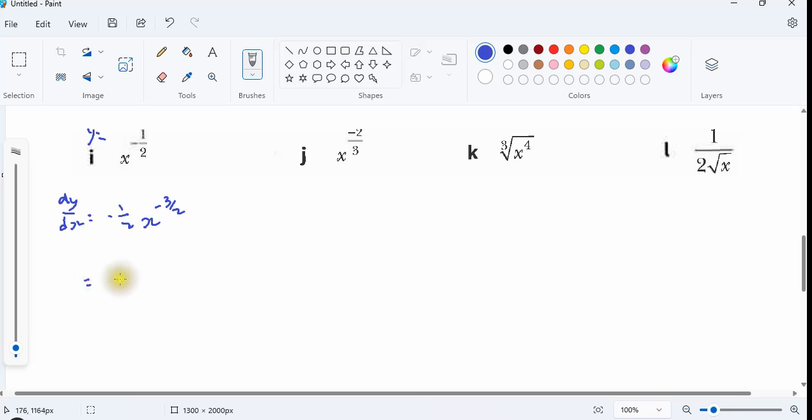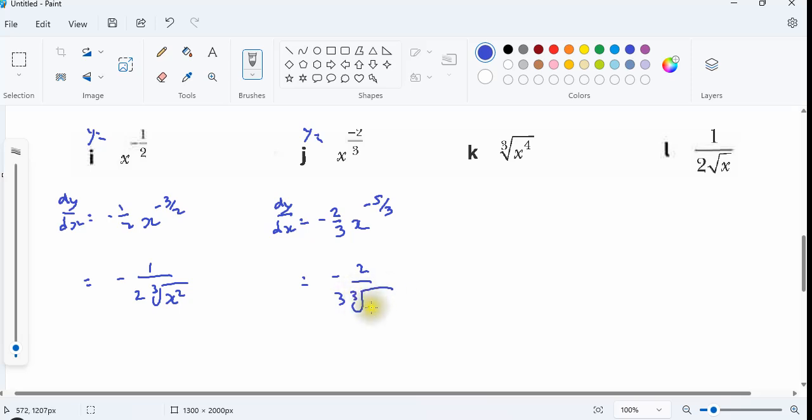So it's negative 1 over 2 cube root of x squared. Okay, so for this one, dy/dx is negative 2 over 3 x to the power negative 5 over 3. So it will become negative 2 over 3 and then cube root of x to the power 5.